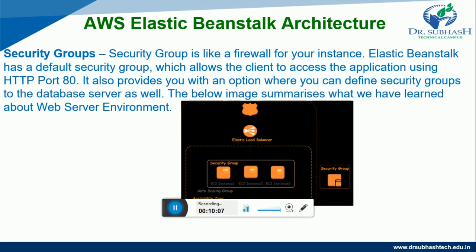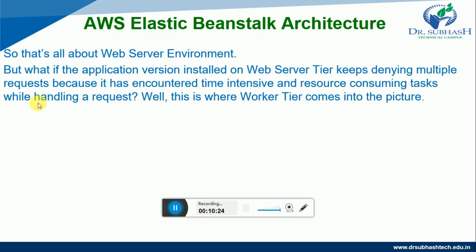The image below shows what we have learned about the web server environment. That is security groups, elastic load balancer, EC2 instances, auto scaling group and availability zone. So friends, this is all about the web server environment.